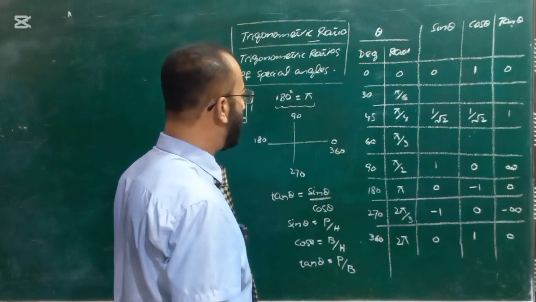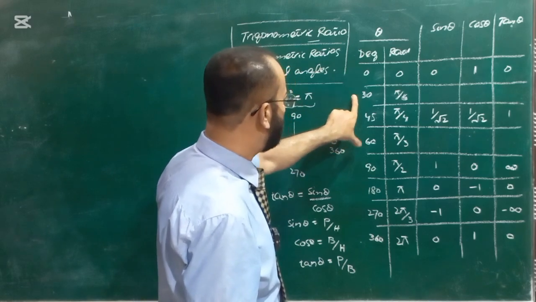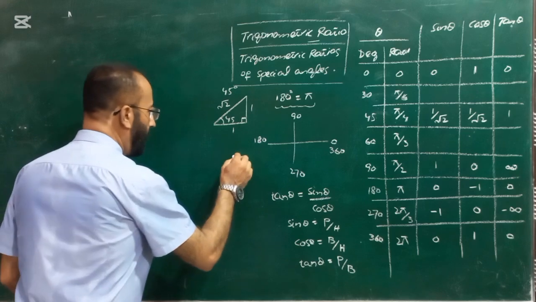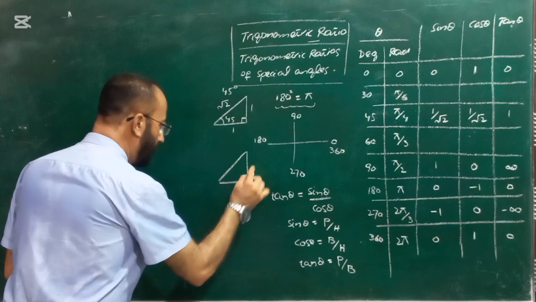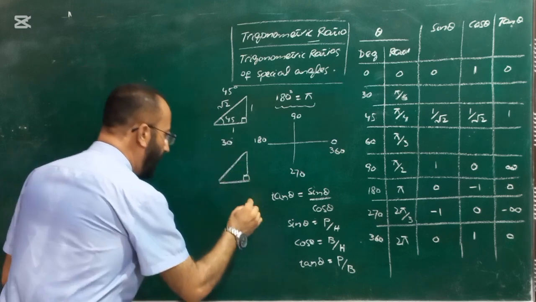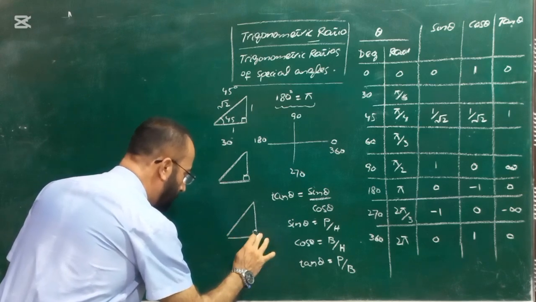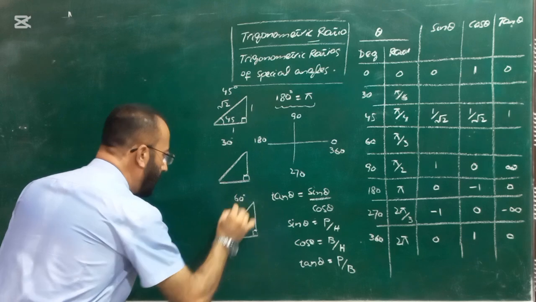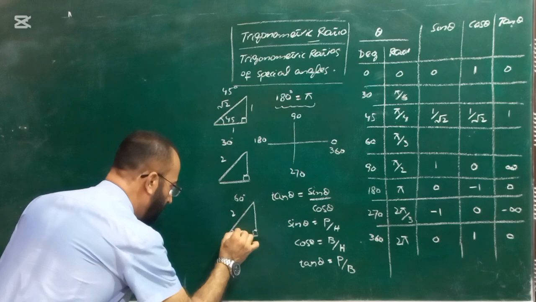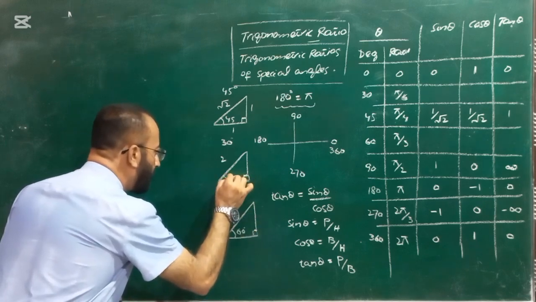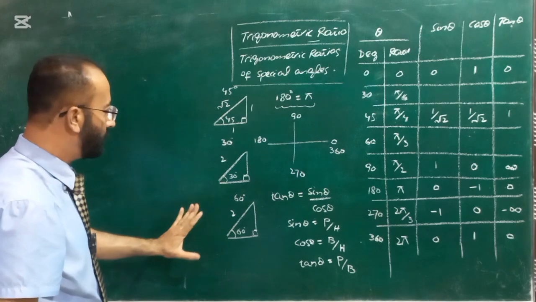Okay, the next thing we are going to discuss is that 30 and 60 degree are left. So again listen, in 30 degree and 60 degree triangle, the hypotenuse is 2.